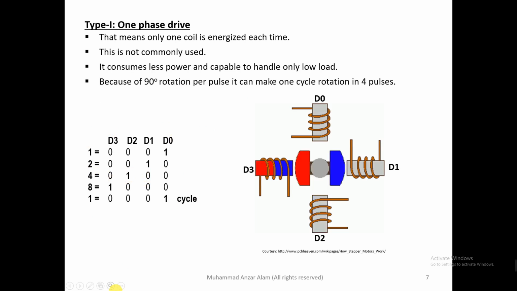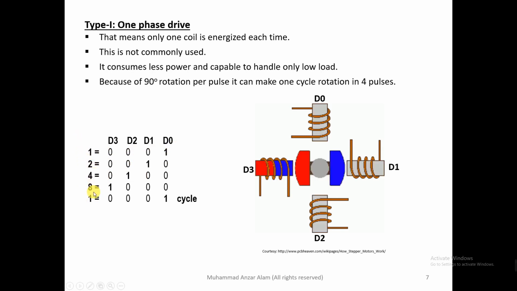We should also remember, for one phase drive, what kind of data we can receive from the microcontroller. The first is decimal 1, second is decimal 2, third is decimal 4, and decimal 8, and then it will repeat 1, 2, 4, 8.